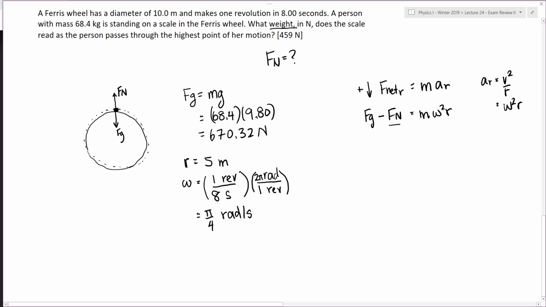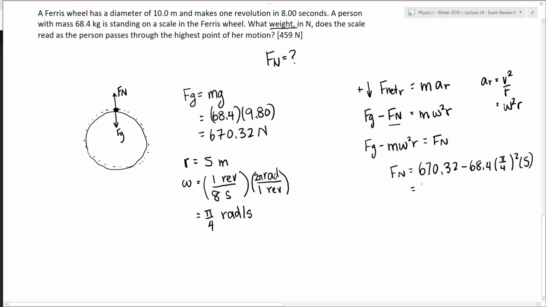So we're trying to solve for this normal force. So let's rearrange our formula. Okay, so Fn is equal to the force of gravity, which we already found, 670.32, minus the mass of the person, which was 68.4, times omega squared, pi over 4 squared, times r, 5.